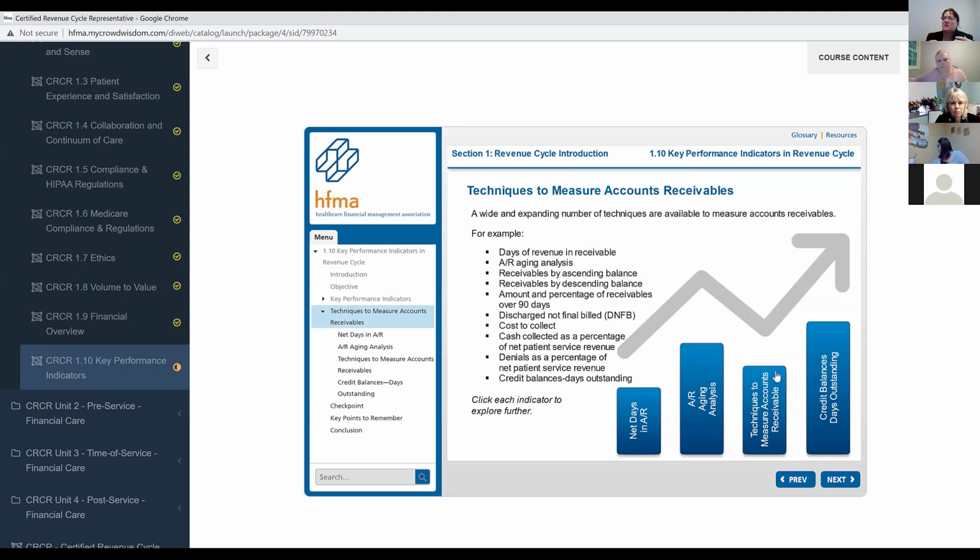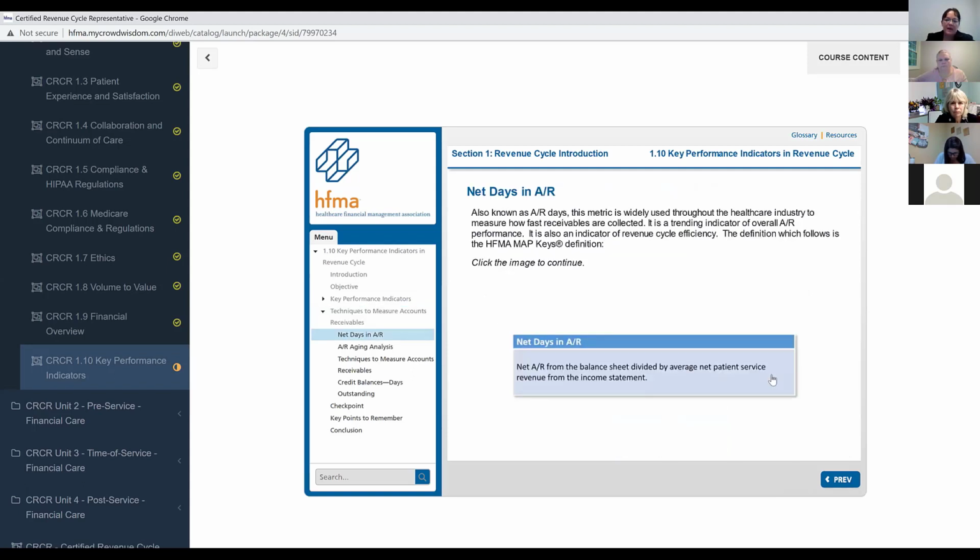So you're going to measure how long it takes you to turn over that revenue to collections, and it does manage the operating efficiencies of your billing department and how quickly they're collecting. So the lower the number, obviously, the better, because you're turning your revenue into cash on a much quicker basis.